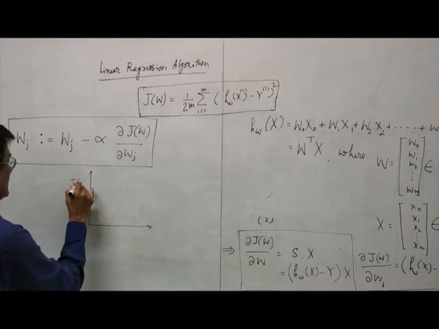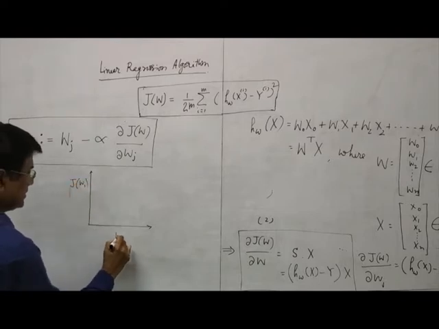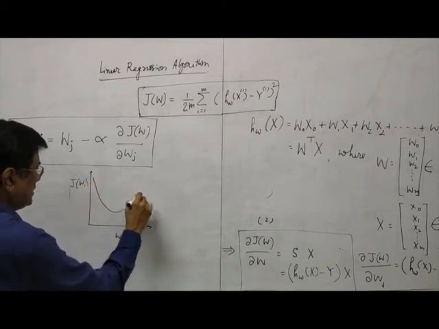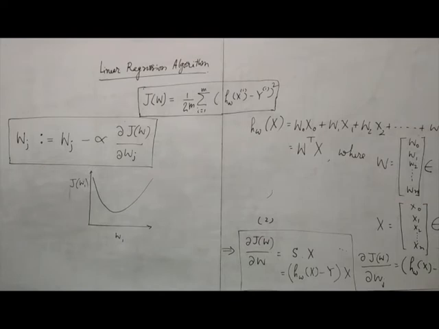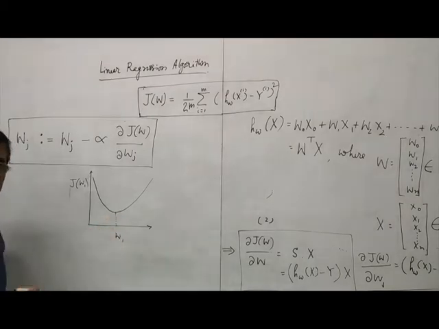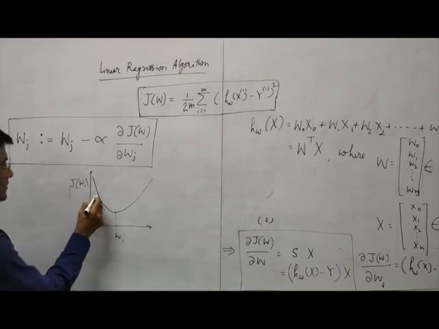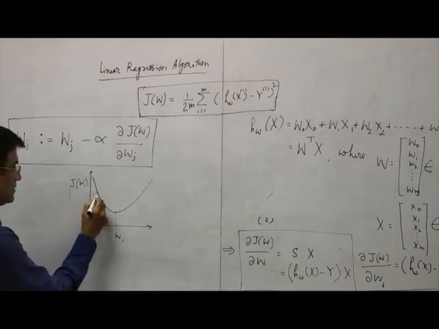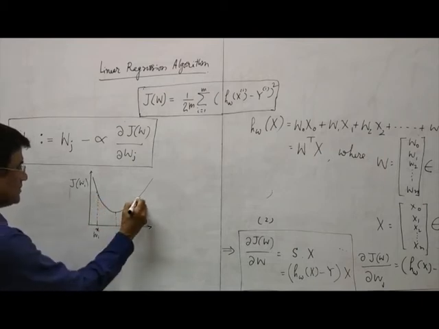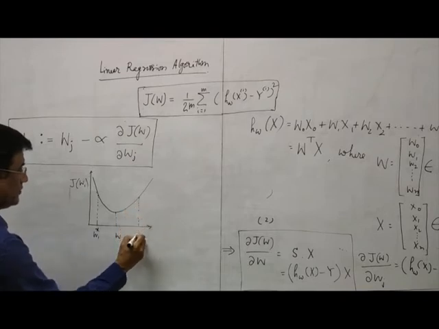Say I have a parameter here and I have a cost function like this. This is the global minimum where I need to reach. For that somebody can start from here, say this is the initial value, or somebody else can start from here, where the initial value will be like this.